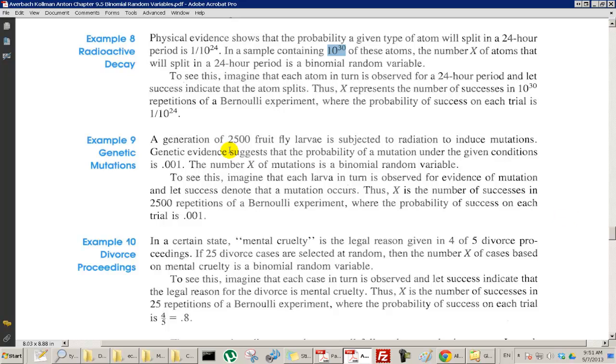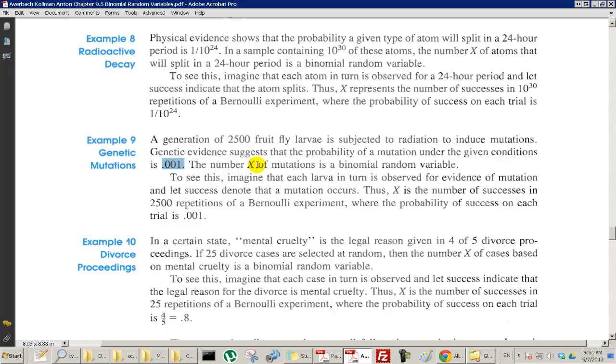Or here's another example. We have 2,500 fruit flies. So this is like tossing a coin 2,500 times. Now this fruit fly larvae is subjected to radiation to induce mutations. Genetic evidence suggests that the probability of mutation under given conditions is this. So here's the probability of getting a mutation.